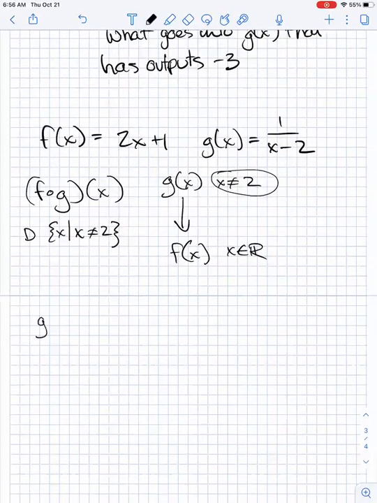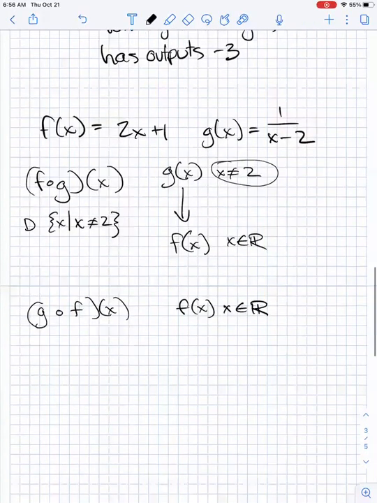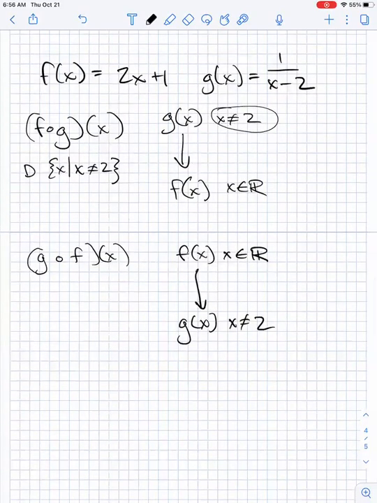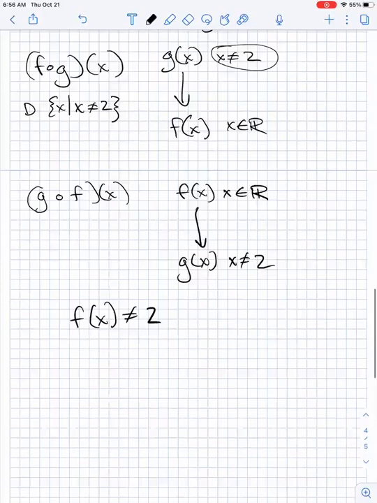If I do it the other way, g of f of x, again, this is f of x first, and x is a member of all real numbers. You don't have to limit a linear function. What goes into g of x, on the other hand, we have to limit the 2. So what we need to know is what values of x will produce an f of x equal to 2.